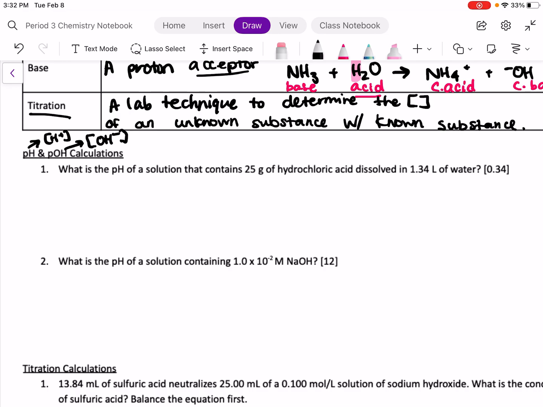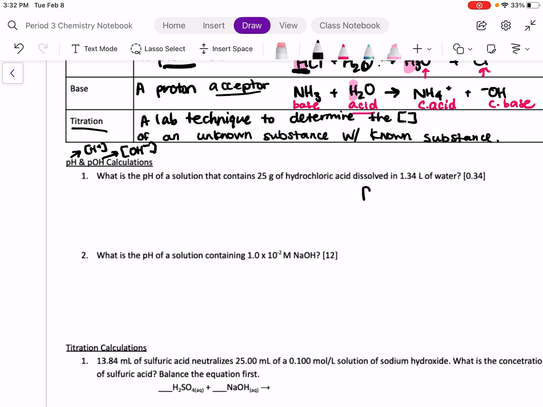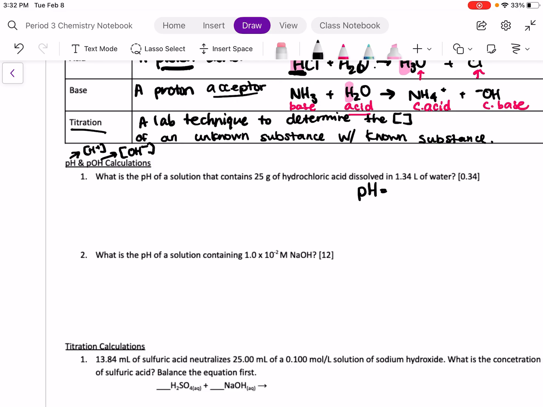So we have to do a couple of steps here. We know that eventually we want to get to the answer for the pH, so we are going to have to use negative log of the hydrogen ion concentration. We're given grams and liters, so we have to convert that into concentration. This is something that we've been working on a lot this week.